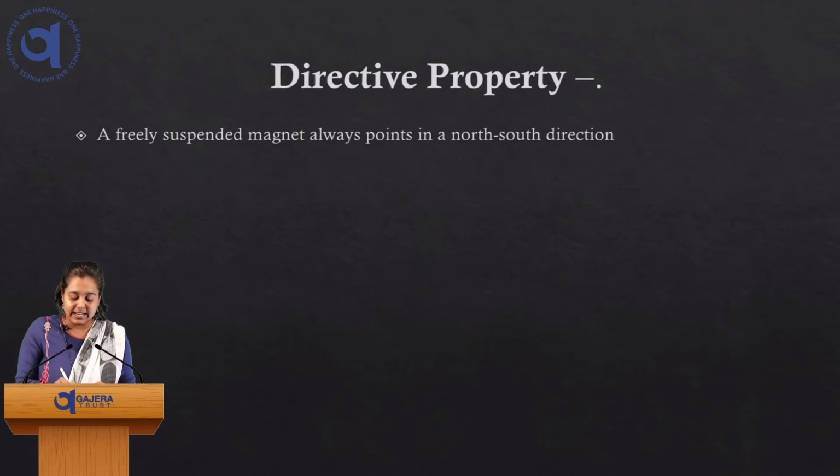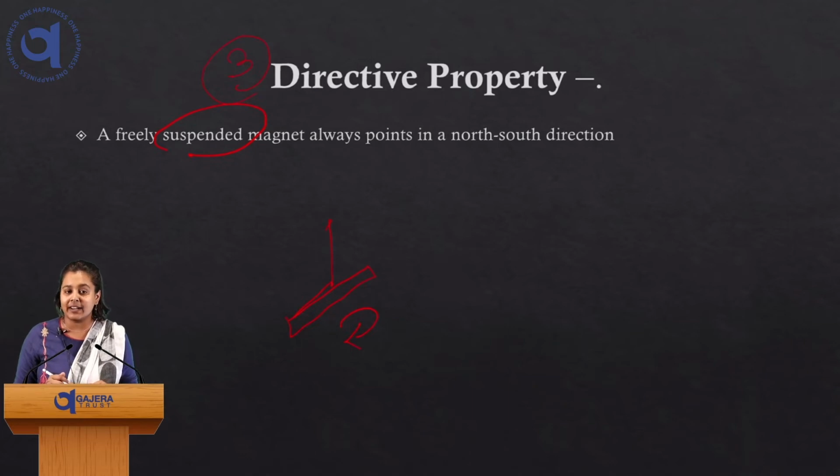Next, our third one is the directive property. This directive property of the magnet is seen when we freely suspend a magnet. By freely suspend we mean we attach a magnet through a material like rope or coil and we let it rotate freely. We are allowing the magnet full freedom so it can go in any direction.